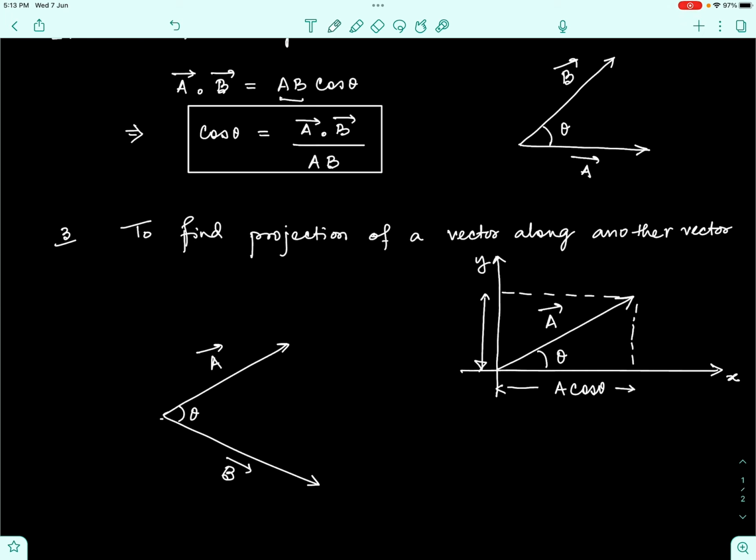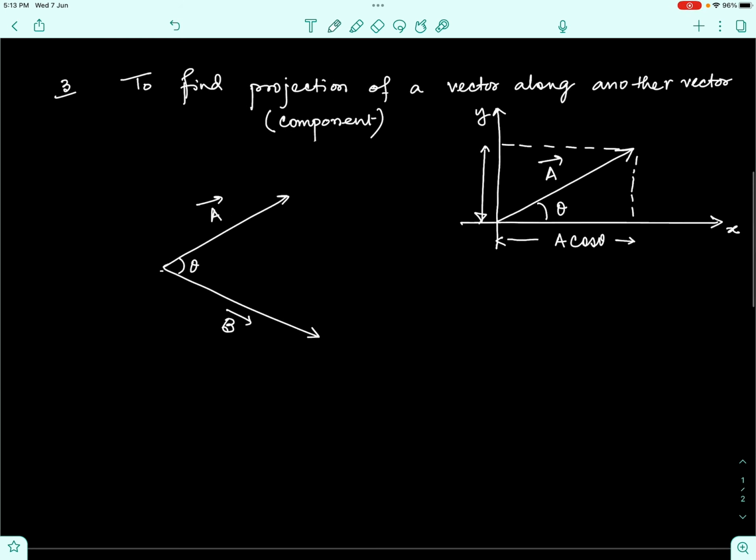Now the method of finding out the projection, which is nothing but component itself, just that it is now along another vector instead of being along a standard direction, the method of finding the component would be the same. So for example, if we have to find out the component of vector A along vector B, we will start by dropping a perpendicular from the tip of vector A onto the vector B like this, and then we will try to find out this length.